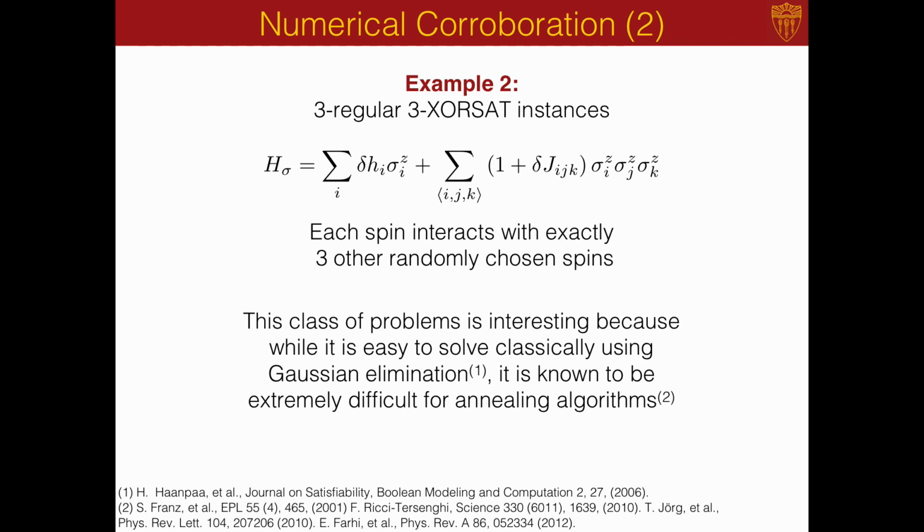And the way you pick the IJK is such that every spin interacts exactly with 3 other randomly chosen spins. Now, this class of instances has been studied before in the literature, and it's interesting because it's easy to solve classically using Gaussian elimination, but it's incredibly hard to solve using annealing algorithms.